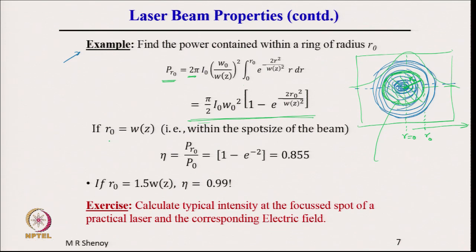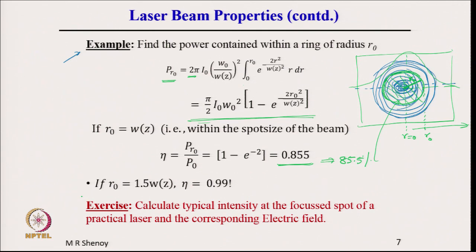So, if r 0 were equal to the spot size at that value of z, the fractional power contained within the spot size of the beam is 0.855, which implies 85.5% of the power is contained within an area of radius equal to the spot size.